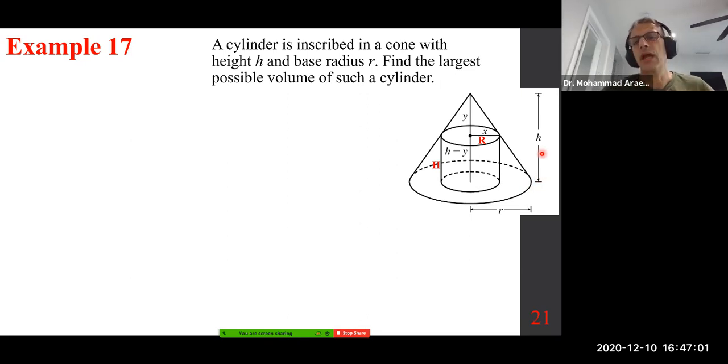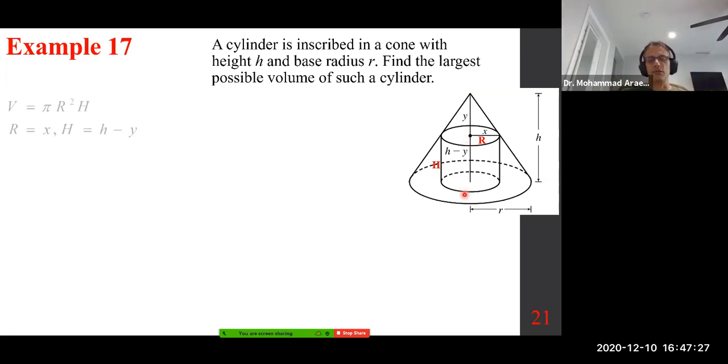Now, capital R, so the volume is pi r squared H, capital H, for the cylindrical shape, where this radius for the cylindrical shape we call x, and the height of the cone is h, and this distance is y, so this becomes capital H, which is h minus y.